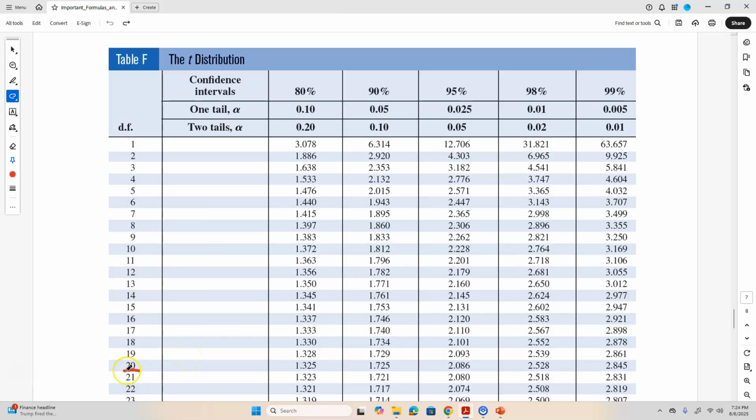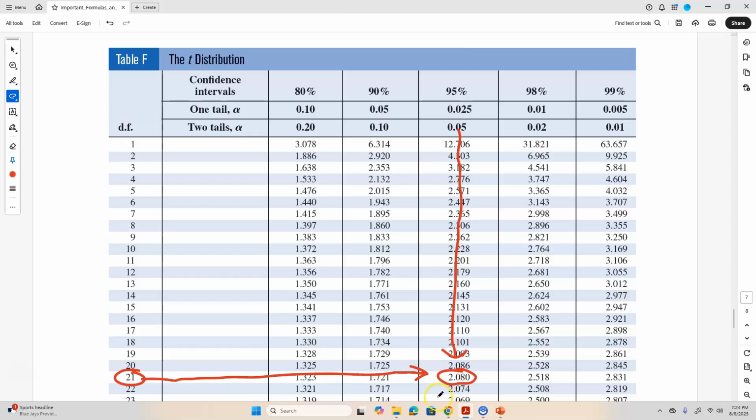So you're going to start at 21 and follow that over. And we were at 95%, which is this column, and you bring that down until they intersect at the t sub alpha over 2.